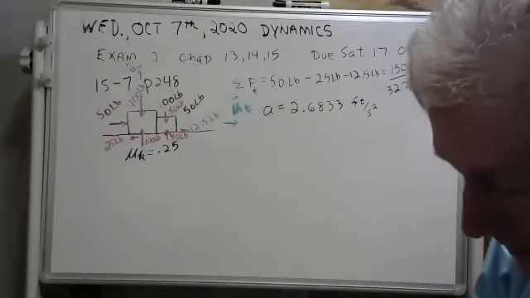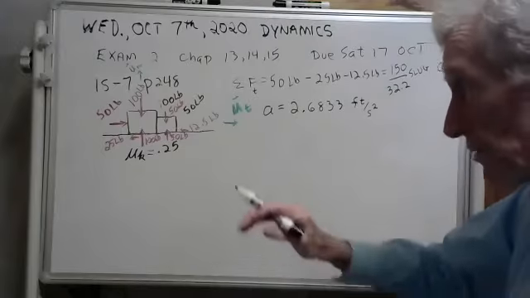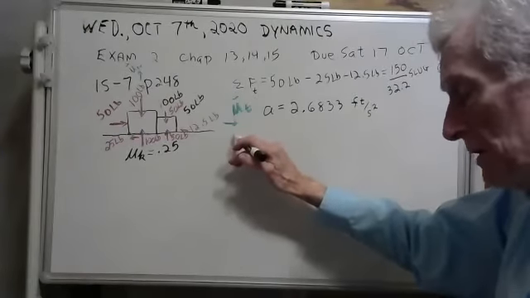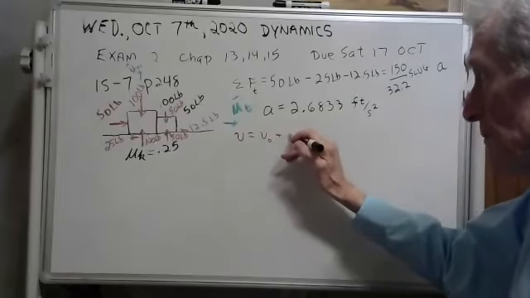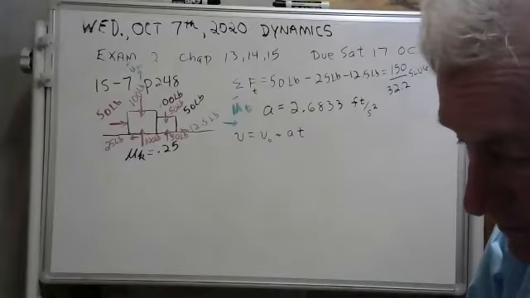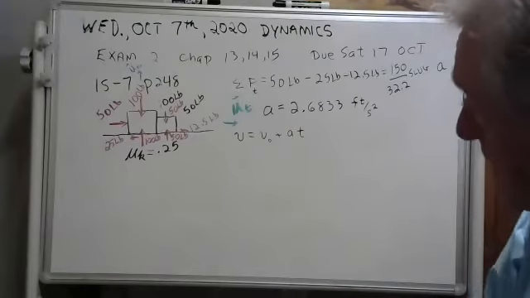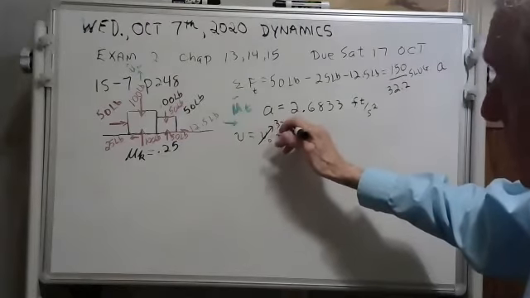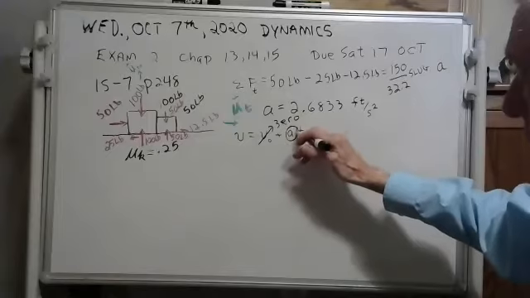Now, they wanted to know the speed after 5 seconds. Well, here's the equation. V equals V sub O plus AT. You know what that is? That's a kinematic equation that we learned back in August. V sub O is 0. There is no initial. It starts at rest. We have the acceleration, and they said 5 seconds.